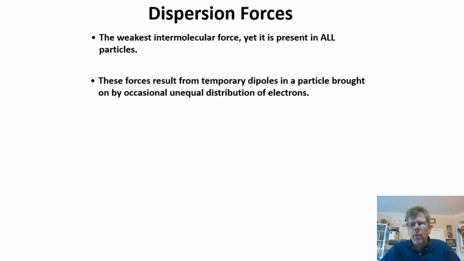Now, we've talked about dipoles and dipole moments before. A dipole moment in a molecule is essentially a permanent unequal distribution of electrons due to differences in the atoms' electronegativity. We'll be talking about that a little more when we look at the second intermolecular force. But these are temporary dipoles. What is a temporary dipole?